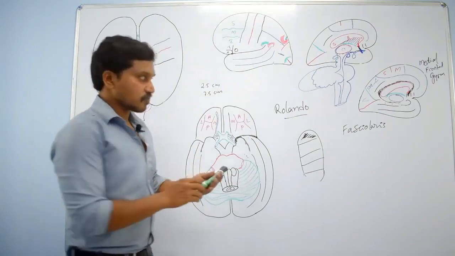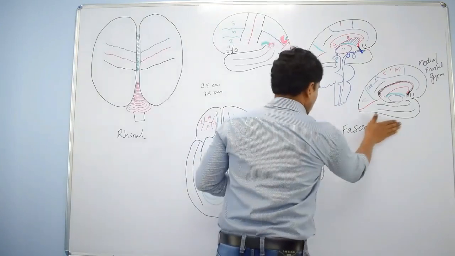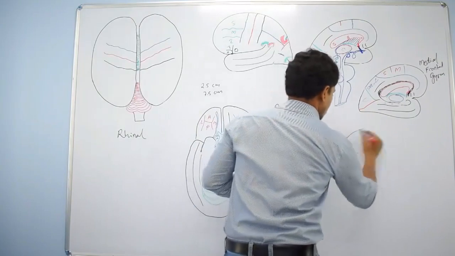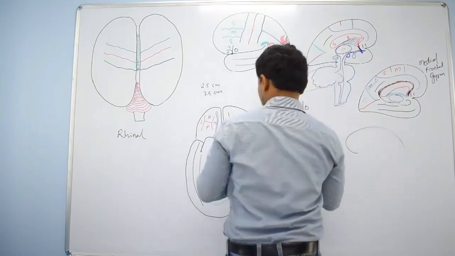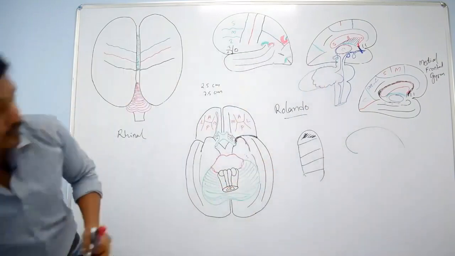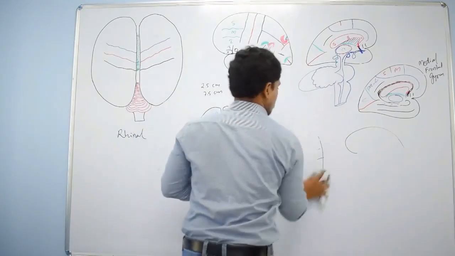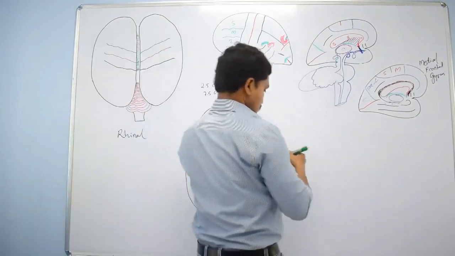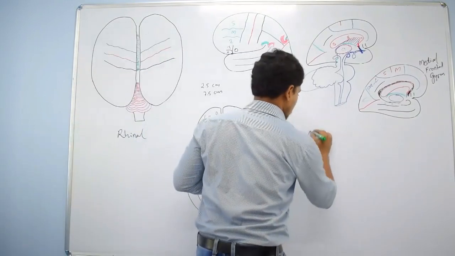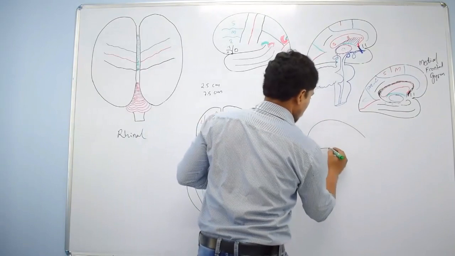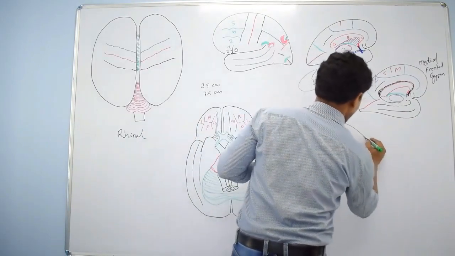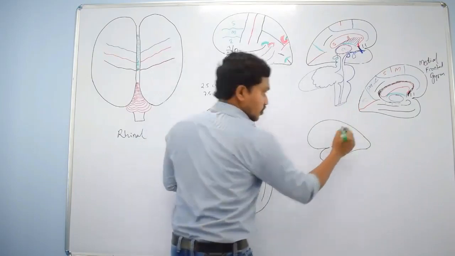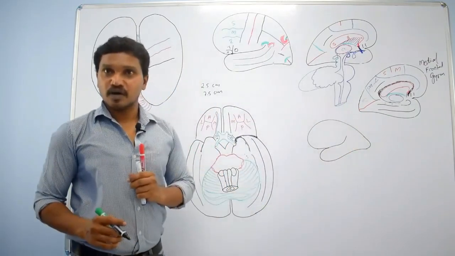In this diagram, this is the superior lateral surface and this is the posterior ramus of the lateral sulcus.